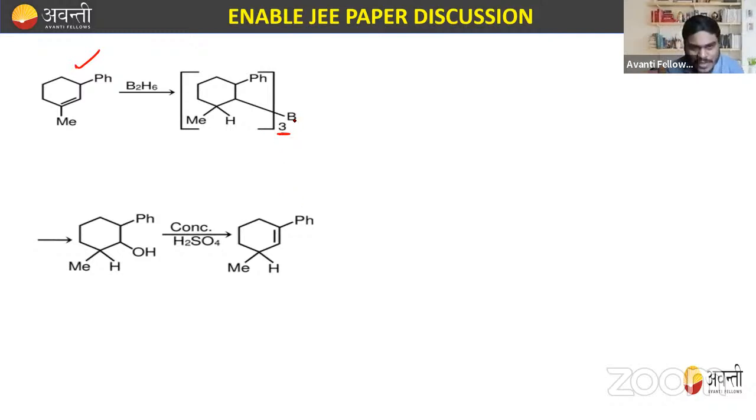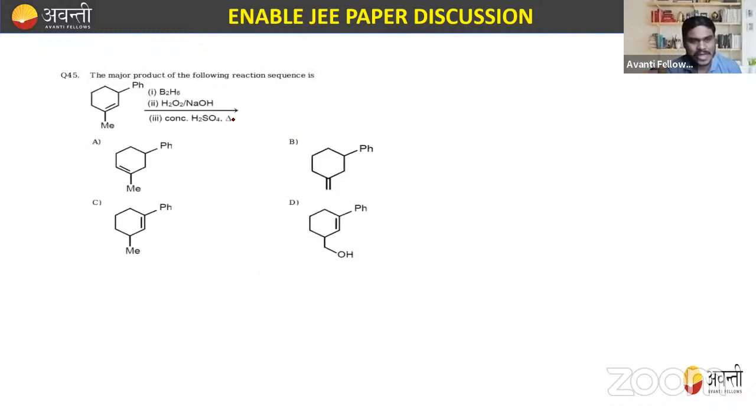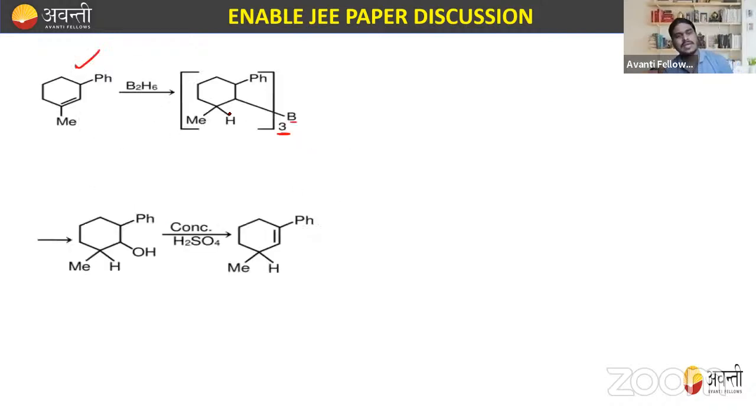Now, next, this is treated with H2O2 and NaOH. Then the formation of the alcohol takes place. In the next step, it is treated with concentrated H2SO4. We know that whenever we treat with concentrated H2SO4, dehydration takes place and removal of a water molecule takes place. So from here OH and one H are removed, so H2O is removed. So the formation of this will take place.